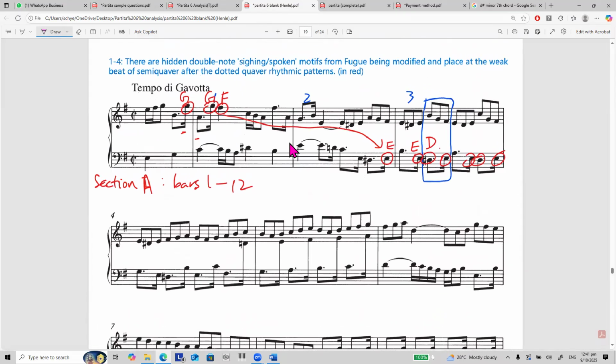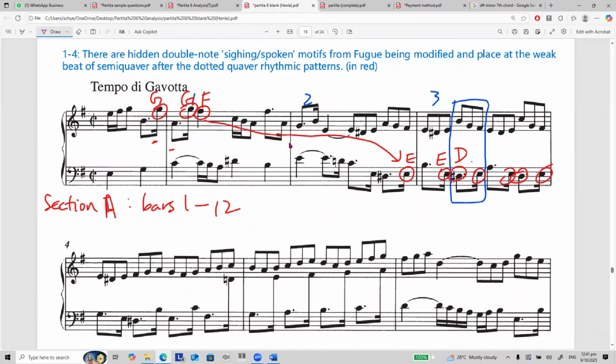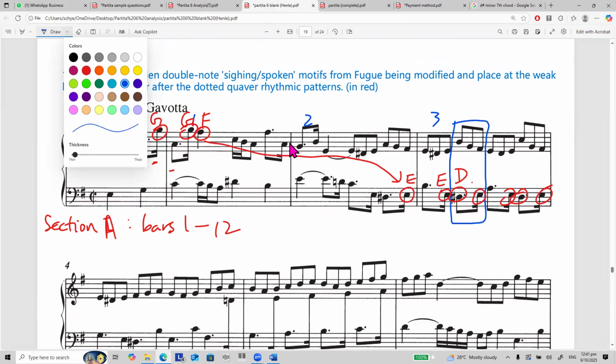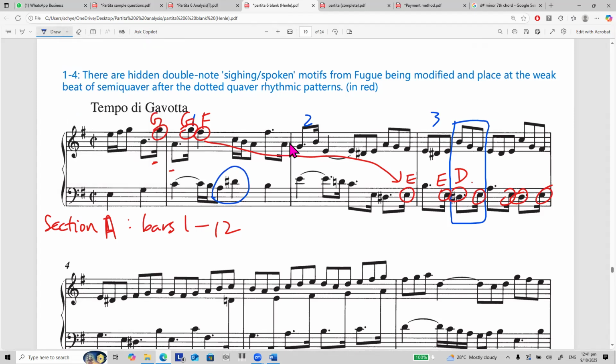Can you see the augmented fourth interval? Two notes, they are four steps apart, which is from here, A to D sharp. Because in A major, the D is supposed to be natural. So if in A major, the D has a sharp, that means this is an augmented fourth interval.